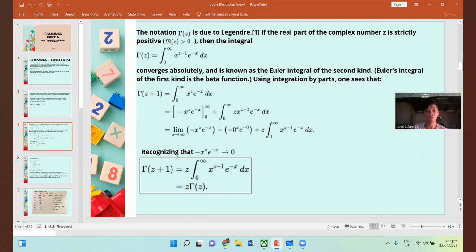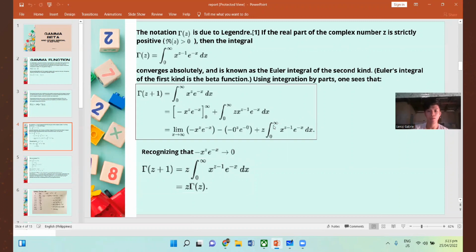So recognize that negative x raised to z e raised to negative x will become 0. So this cancels, so it's 0. Ang matitira is ito, yung z times the integral from 0 to infinity x raised to z minus 1 e raised to negative x dx.